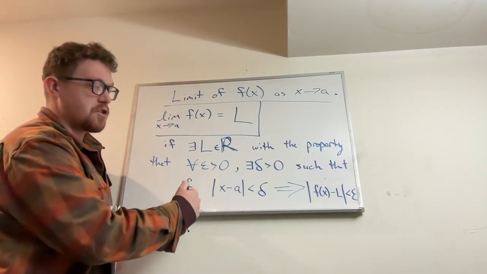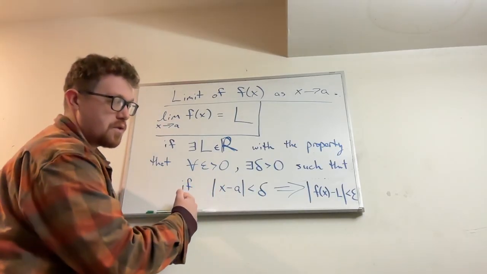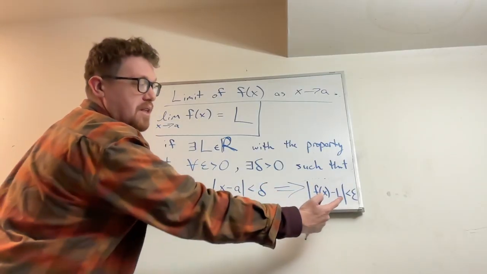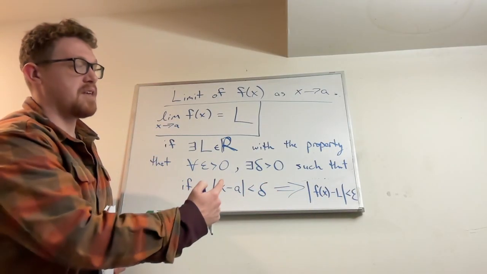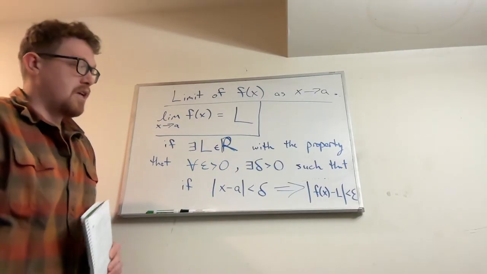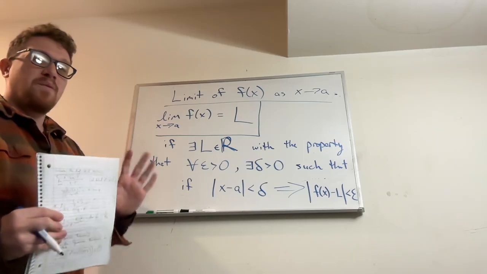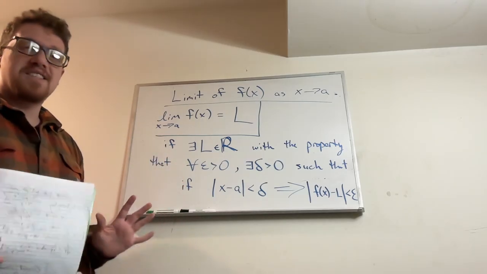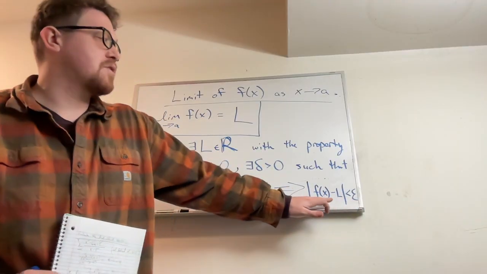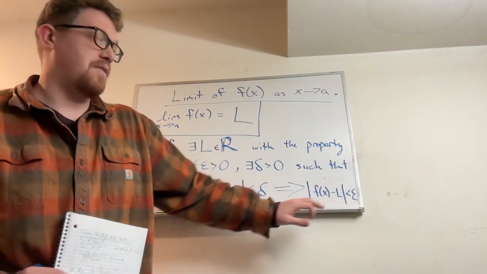So if this is true for some x, then it's also true necessarily that f of x minus L is within epsilon distance. So f of x minus L in absolute value is less than epsilon. So in one more final generalized way of saying it, if I'm delta close to a, then I'm always epsilon close to L in the output for f of x.